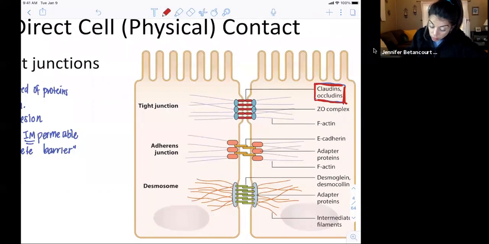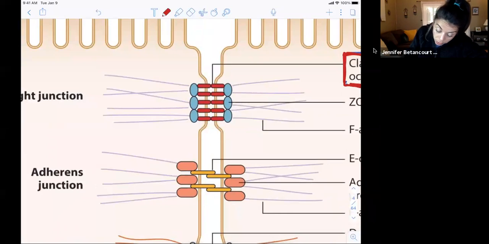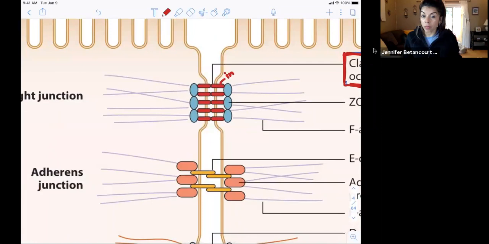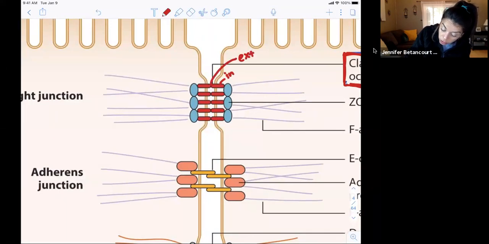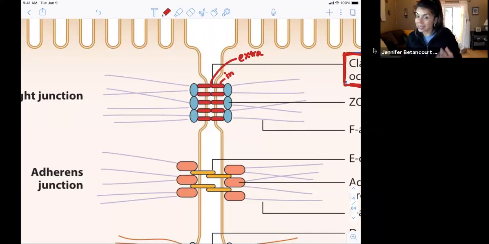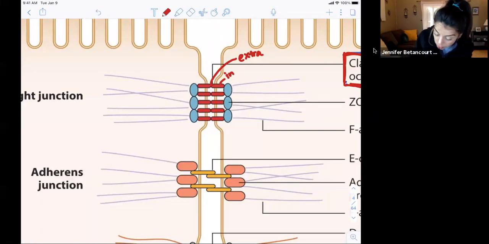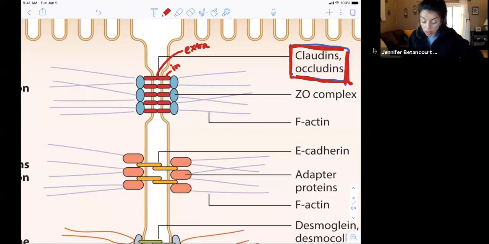And as you can see here, the claudins and occludins span the entire phospholipid bilayer, because this part is the intracellular region and this part is the extracellular region. So by definition, this is a transmembrane protein. It's not responsible for transporting things. It's responsible for making a junction.